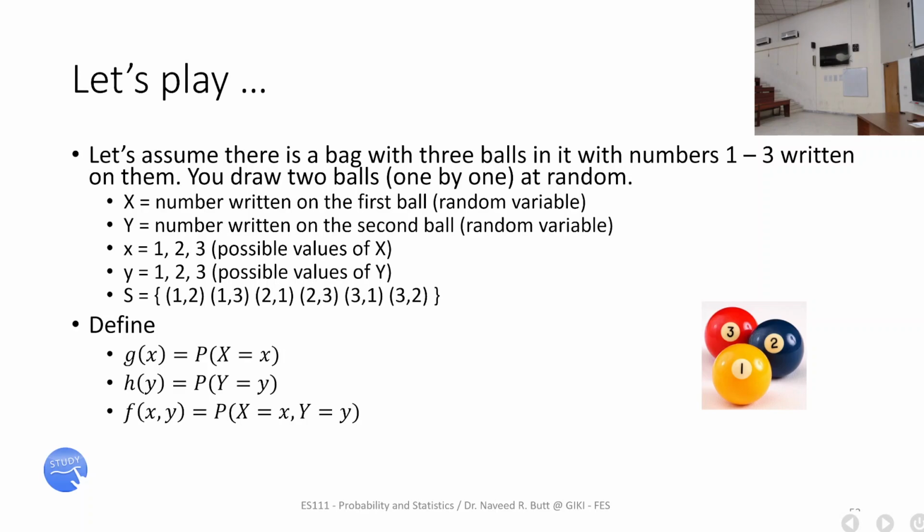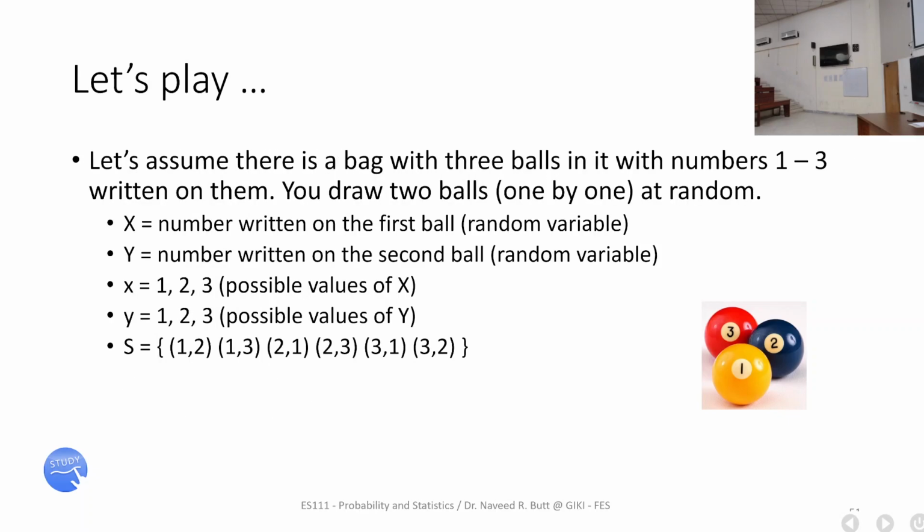So now we will define the individual probabilities of x as gx. We are not using f because these are two different variables now, so we're just changing the notation. This is the probability mass function of x. This is the probability mass function of y.